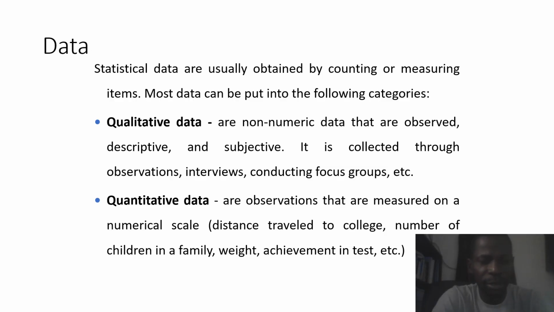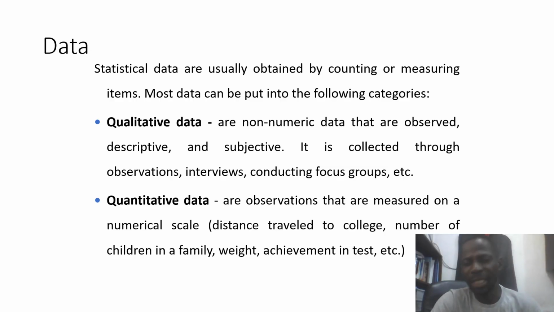The weight of everybody in a class will also be gathered in numbers. This form of data is what we call quantitative data. It's quantitative because it's coming in numbers, which significantly differs from when it is coming in words.